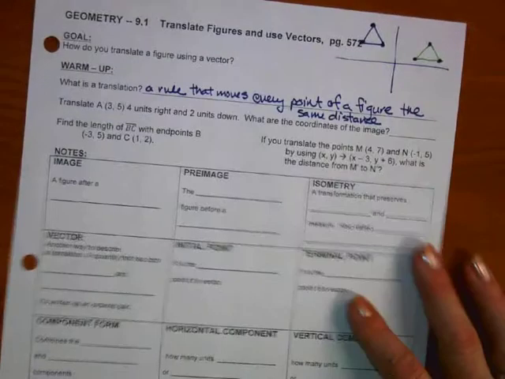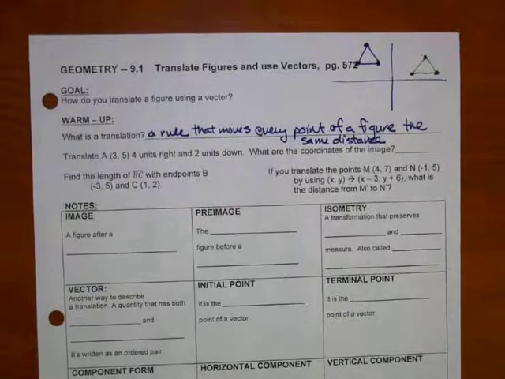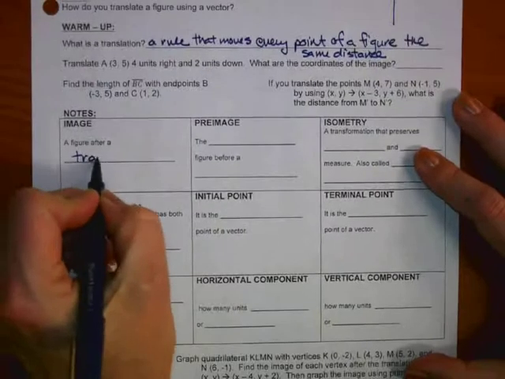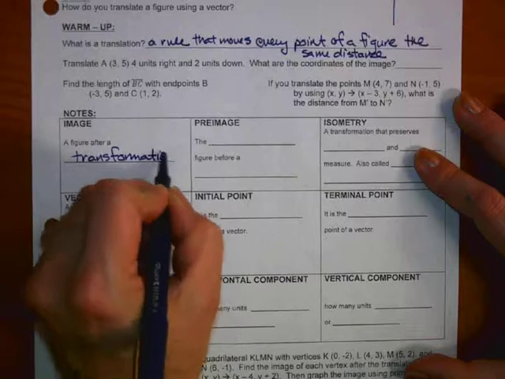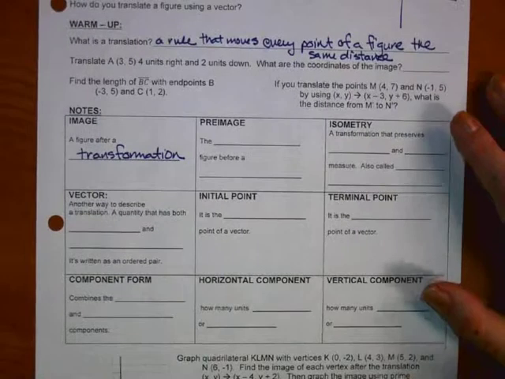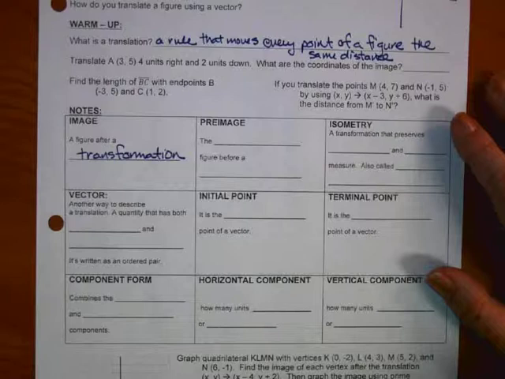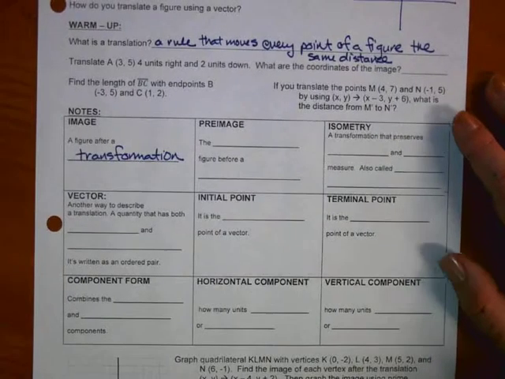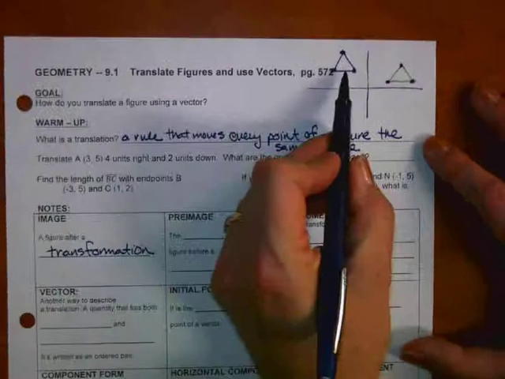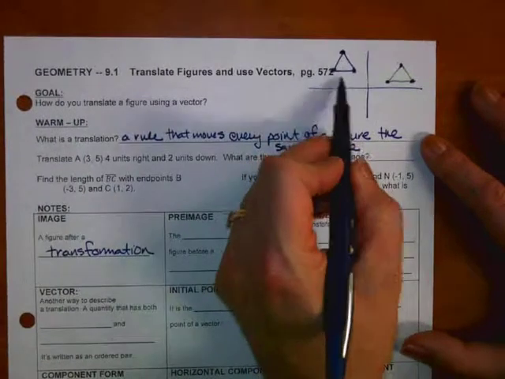All right, an image and a pre-image. So an image is a figure after a transformation. Now this is a different word than translation. A translation is one of a few different transformations you can do because it moves a shape or a pre-image to an image.